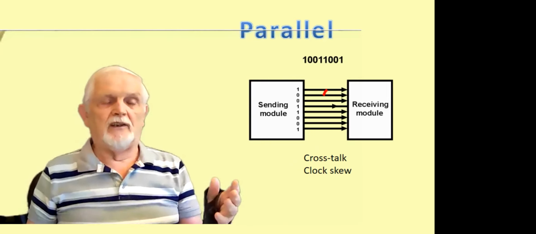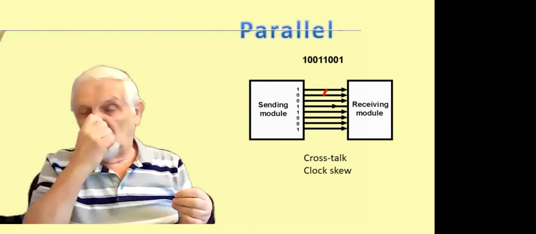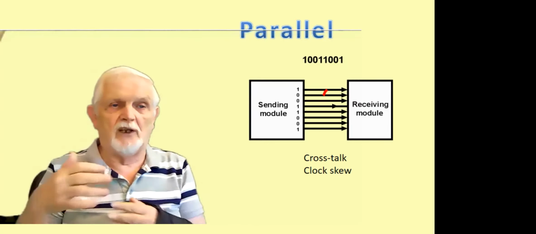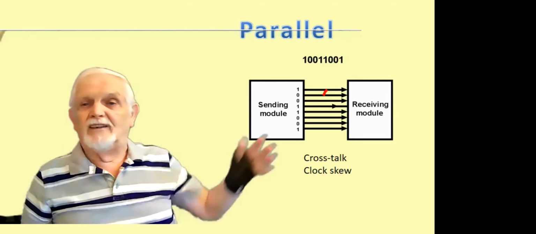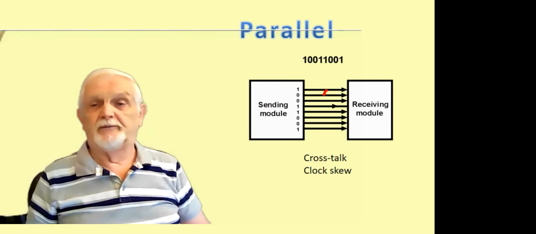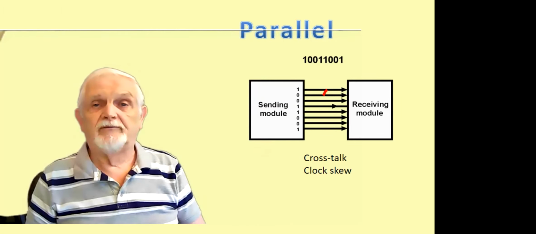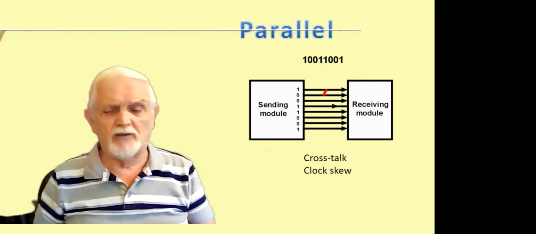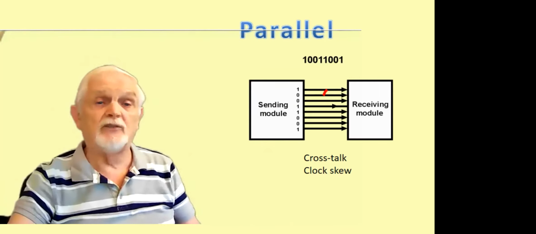The faster the transmission rate, the more you have differences in the cable between inductance and capacitance and so on. And therefore, of the 8 bits, one of them may arrive slower than the rest. And that means you would lose intelligence. So parallel fell out of favor in terms of serial transmission.